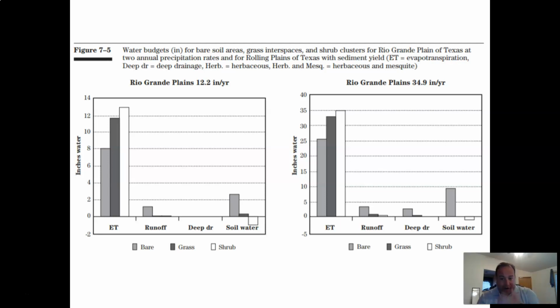And for the grass and shrub areas in the 35 inches per year, it's right at and just below. So you're losing the majority of your water, almost all of it or more than it, to evapotranspiration, which is going to make it hard for these areas to grow trees or grow really large shrubs. That's why these areas are going to end up being dominated by grass and by smaller shrubs, because that's basically what they can afford to have there because of the limiting factor of water in these areas.